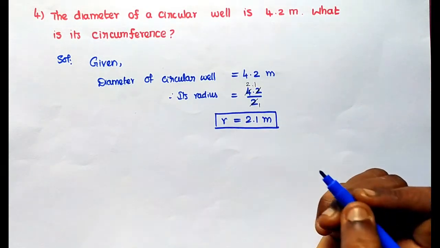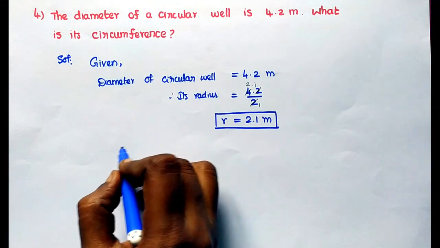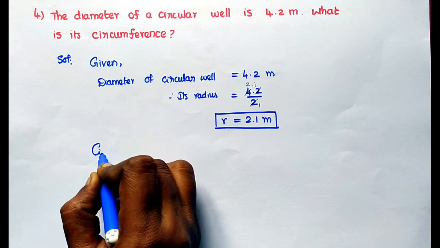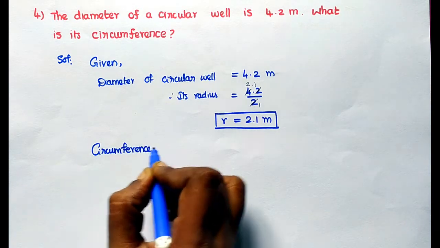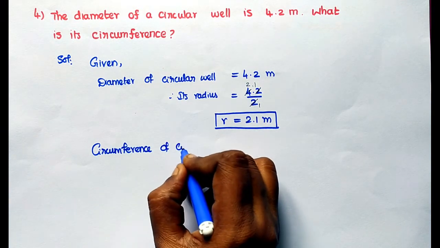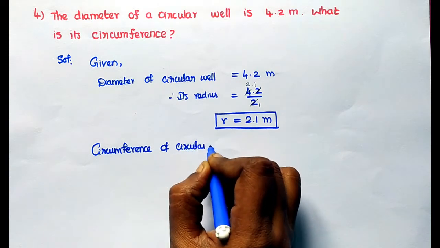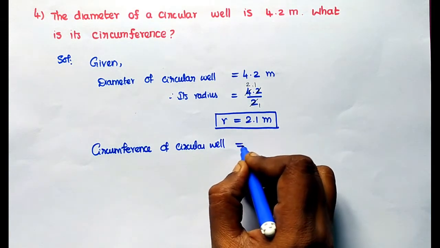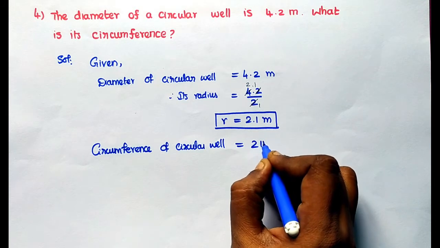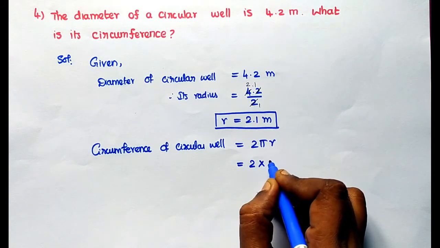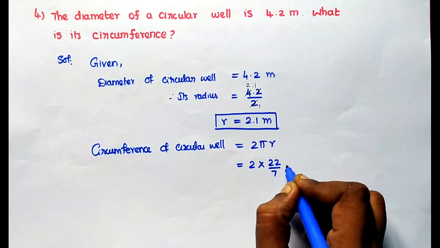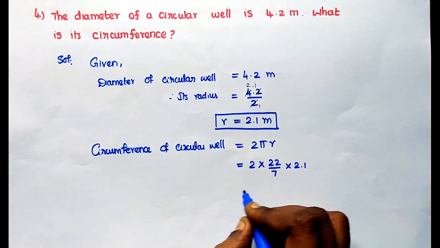Now you have to find the circumference. Circumference of the circular well equal to, what's the formula? 2 pi r. Now 2 into 22 by 7 into 2.1.